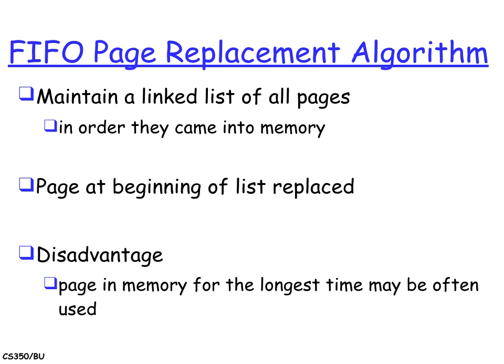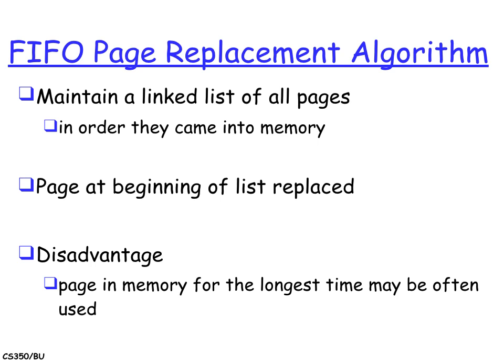Again, it's simple, but there is one big disadvantage to first in, first out. It is that the oldest page in memory may also be the one which is being used most often.